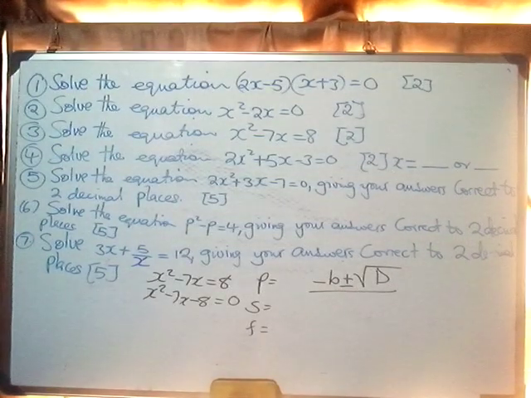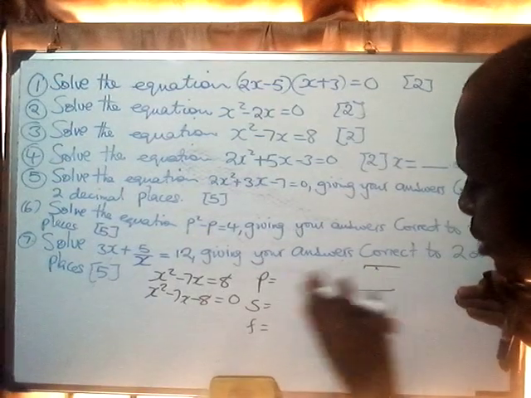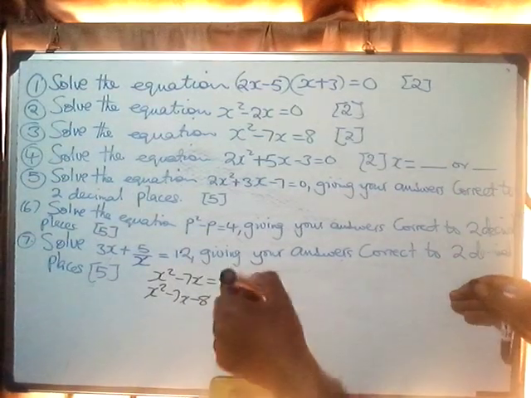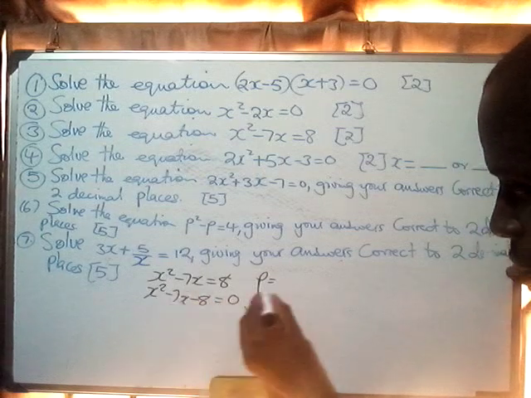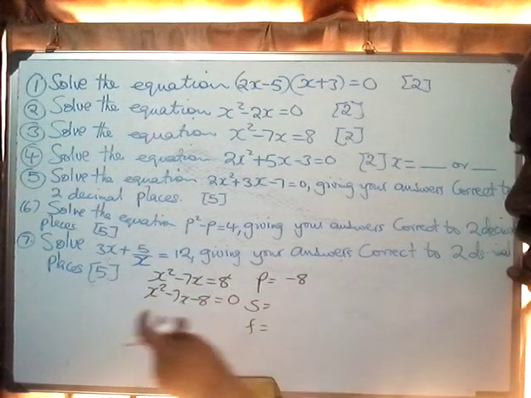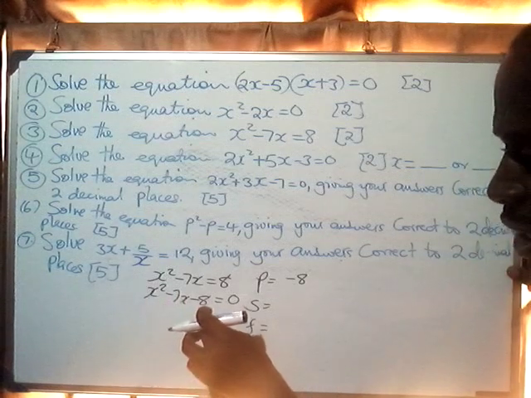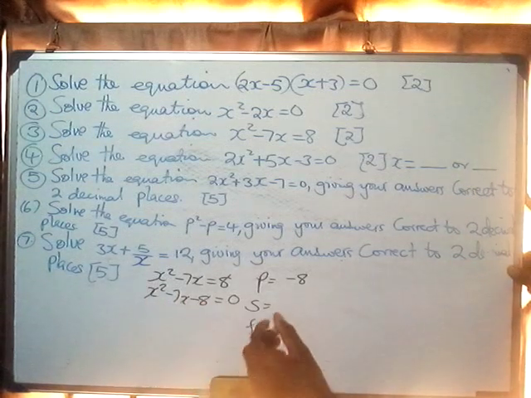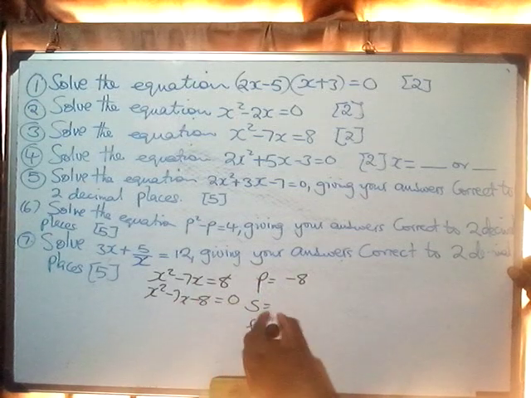So this is what we have. Let me use the product rule or the factorization method. My product here will be negative 8, because the value of a is 1 and the value of c, which is the constant, is negative 8. Then the sum is negative 7.